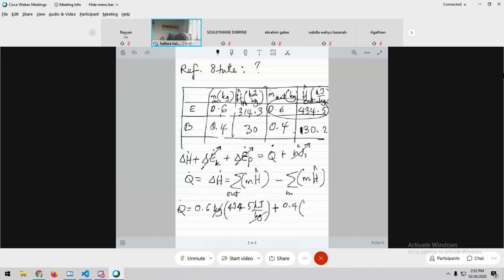The problem with writing on the iPad is that's the problem. That is your out, the product of out minus the product of in, specific enthalpy. Your in is 0.6 times its enthalpy 314.3, plus the flow of butane and its enthalpy. So everything is there. So what's the final answer?